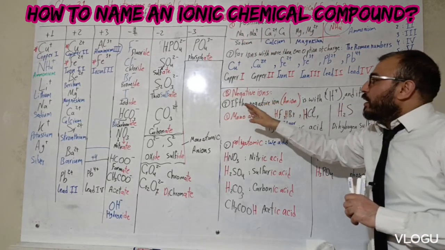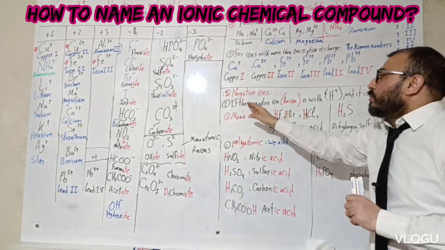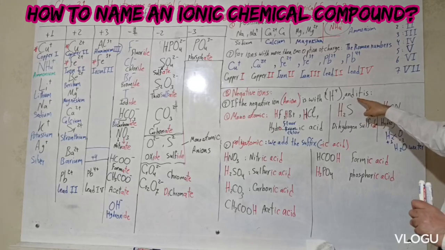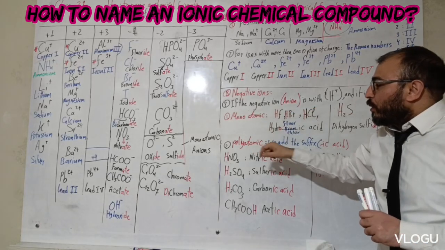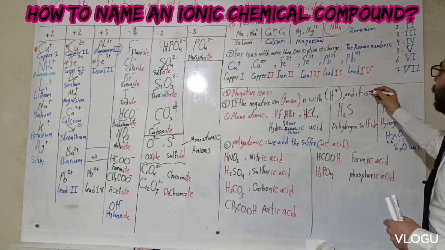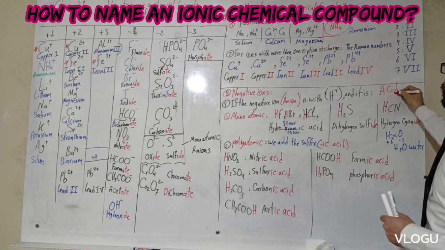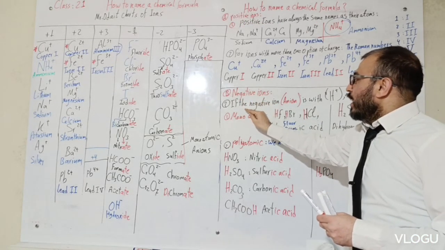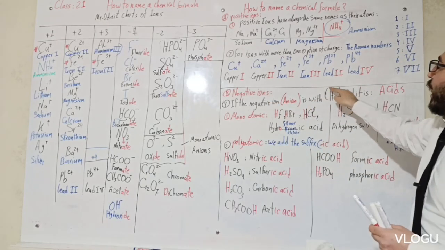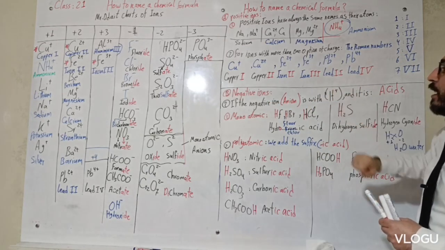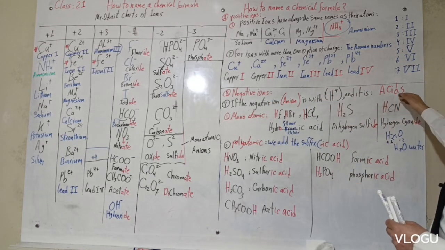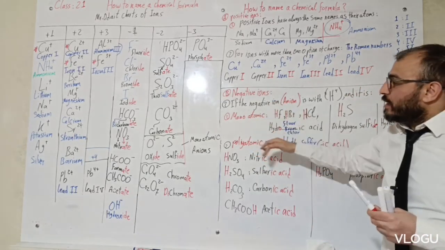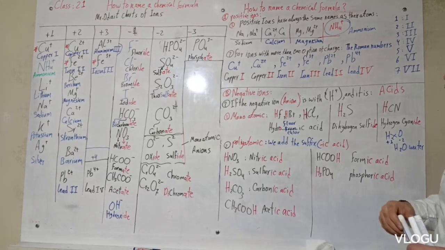If the negative ion is attached to hydrogen, and it is monoatomic or polyatomic, all of them we call acids. So if any negative ion is attached to the H plus cation, we call it acid, whether it is monoatomic or polyatomic. The difference here is in the suffix used for naming.